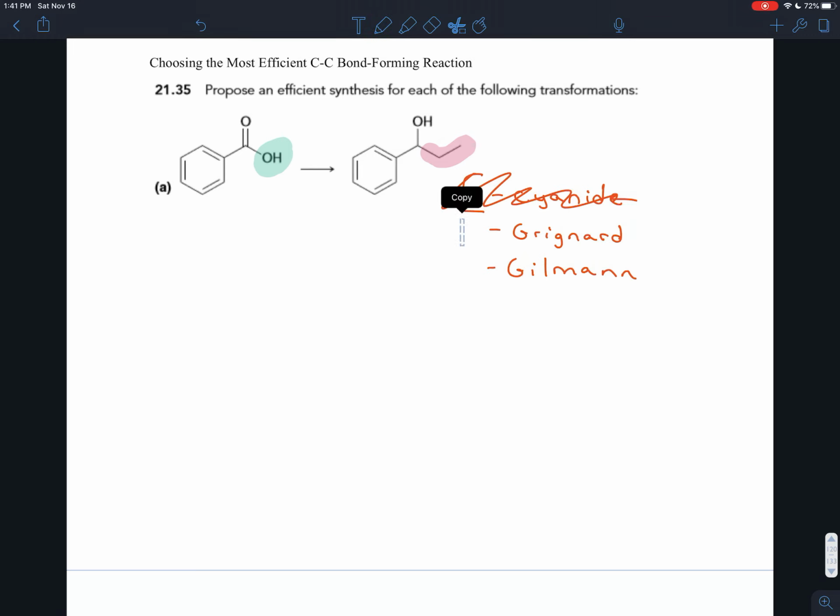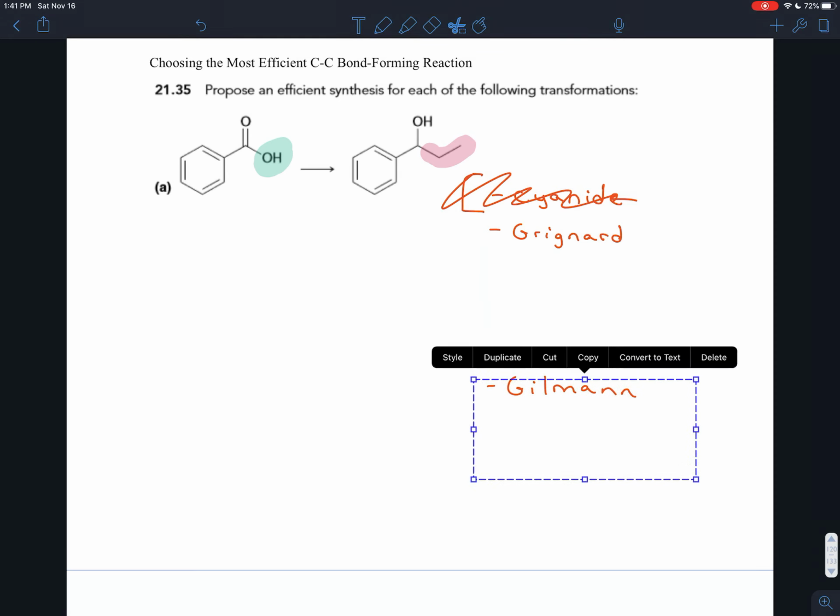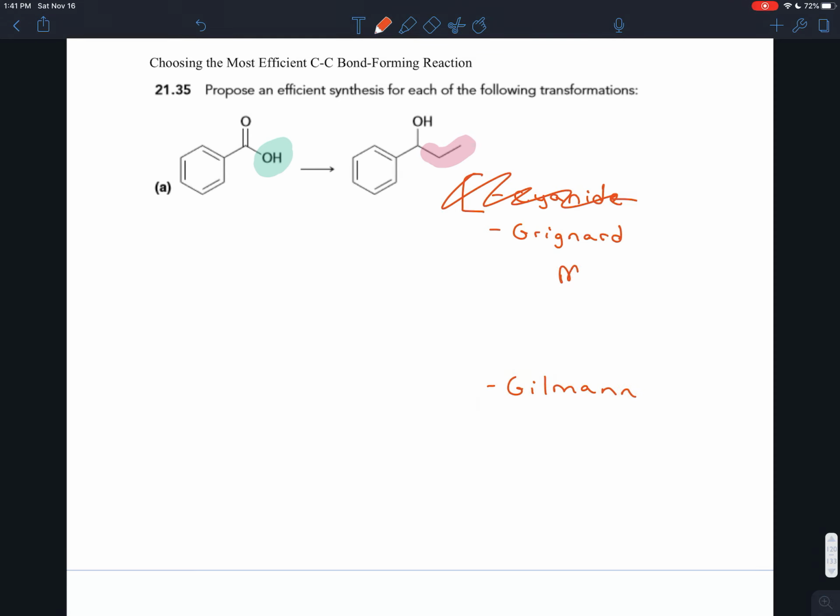Now remember, you'll recognize a Grignard reagent because you'll have a magnesium bromide bonded to the carbon. Now, magnesium has very low electronegativity, and so you get this huge, almost ionic bond between the magnesium and the carbon. Gilman reagents, by contrast, you'll recognize by lithium and copper.